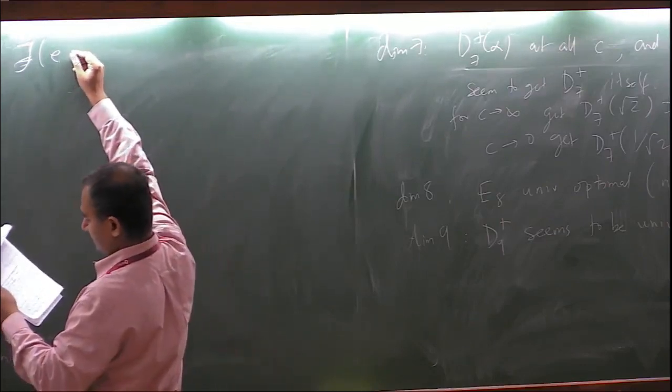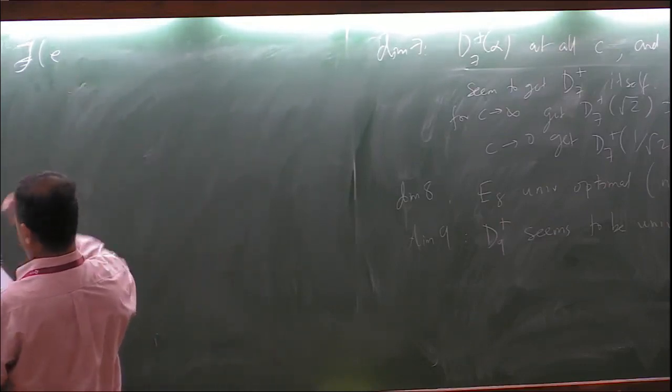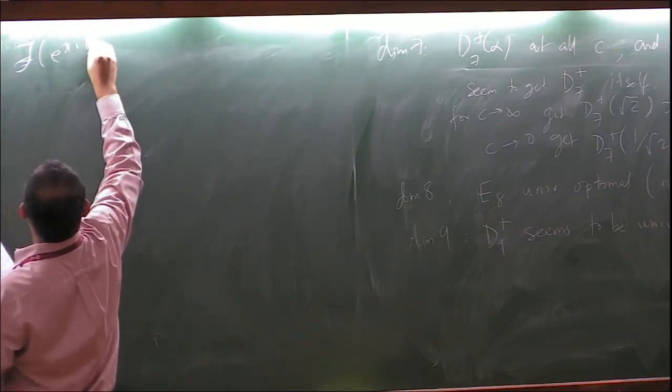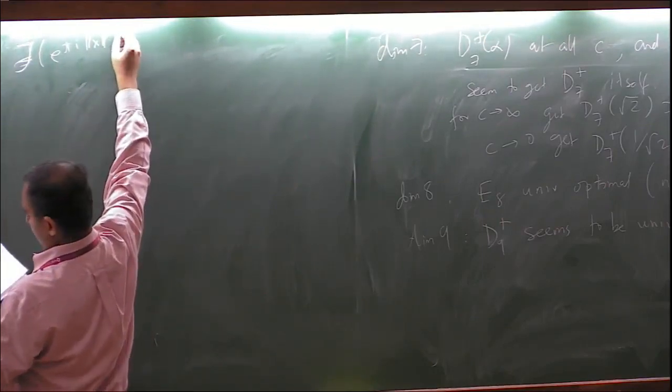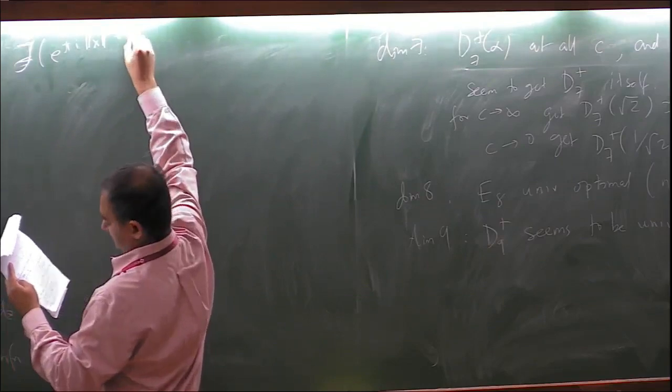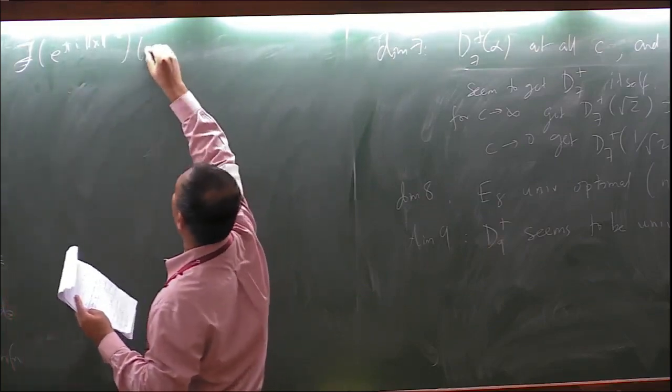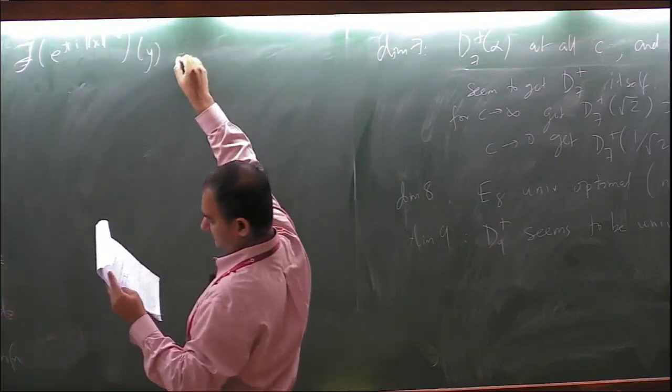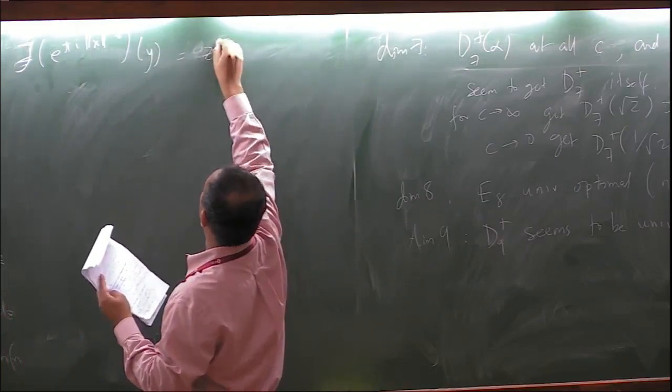Okay, so and what's the transform? It's the following thing. So Fourier transform of e to the pi I x squared z as a function of x. When you Fourier transform it, you just get z to the -4th.